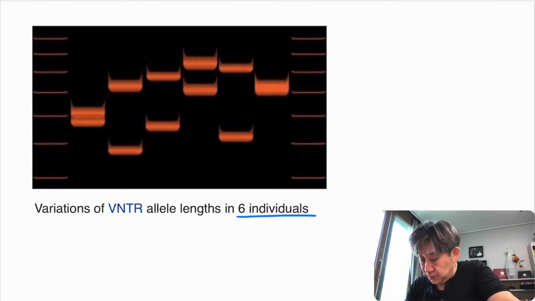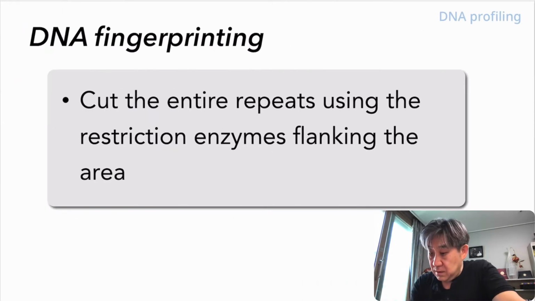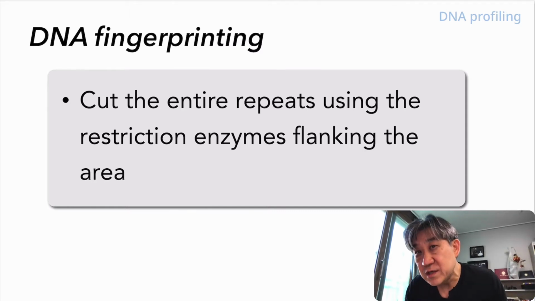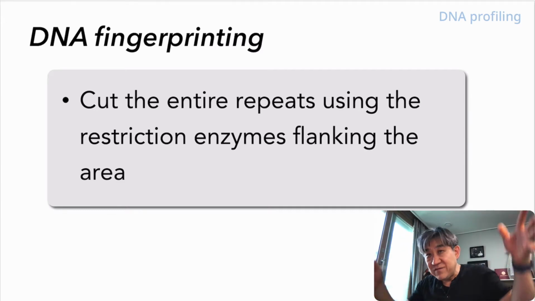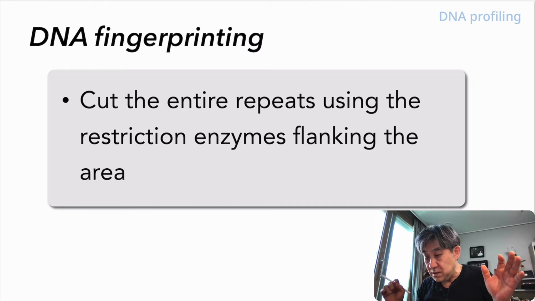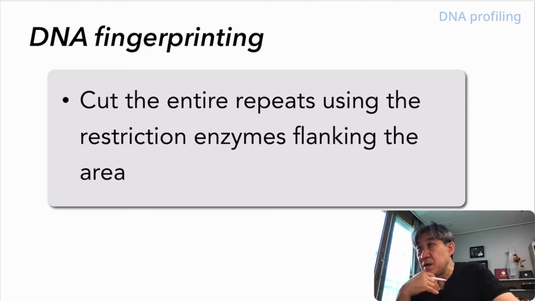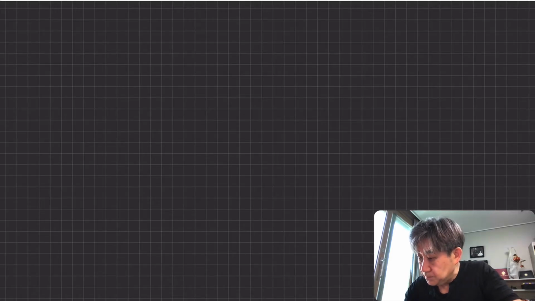And how do you see these different fragments in length? When you can find a specific restriction enzyme that can cut the region flanking this repeat, that is how you can generate different sizes of such repeats in the VNTR, for example, like here.